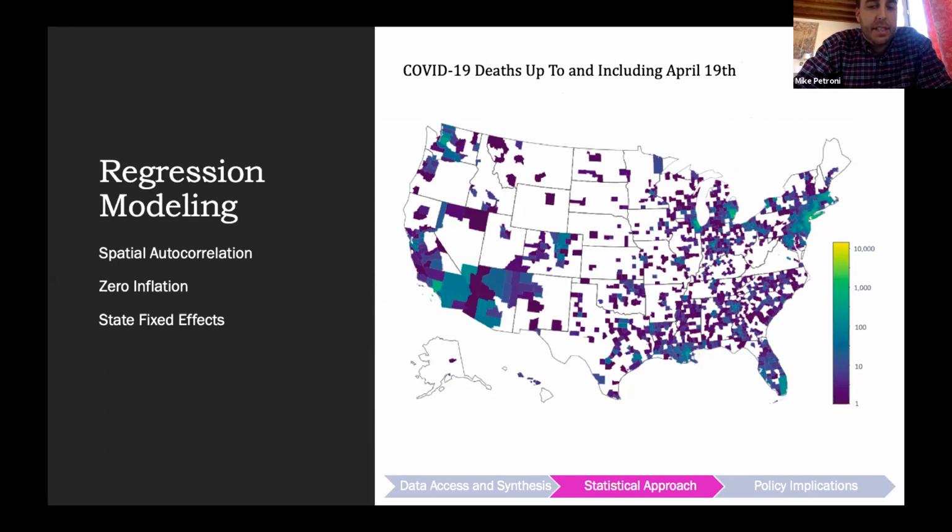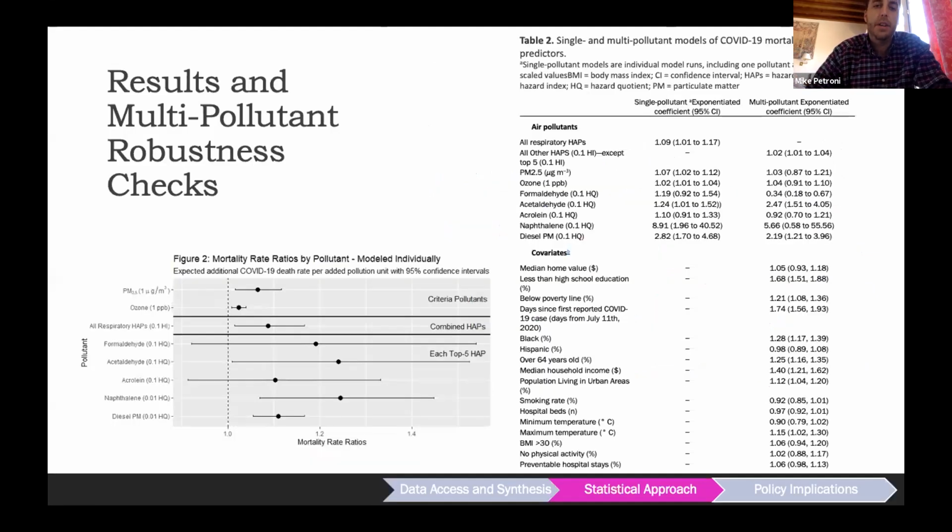And these were mixed because they included state fixed effects, because every state has a different policy for social distancing, different healthcare setups. And we also tested for autocorrelation using Moran's I, but we didn't find any, so we didn't do any adjustment for spatial autocorrelation.